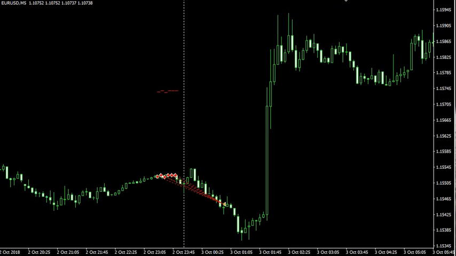So the main idea behind the EA actually is that it opens trades during the night where volatility is really low and there are no news coming out.